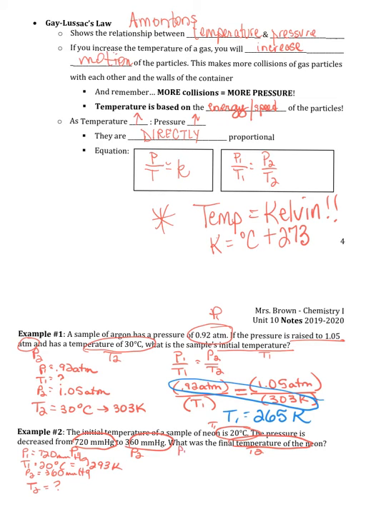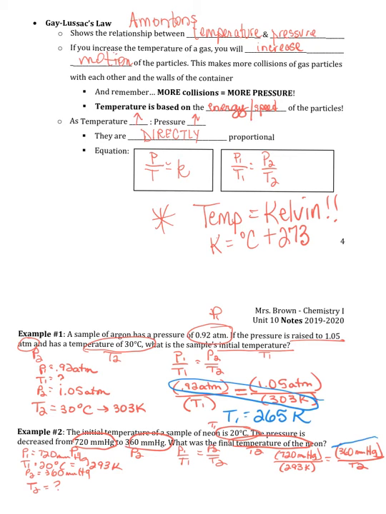Our equation is P1 over T1 equals P2 over T2. Plug and chug. P1 is 720 millimeters of mercury. T1, 293 K. P2, 360 millimeters of mercury. And T2 is our question mark.